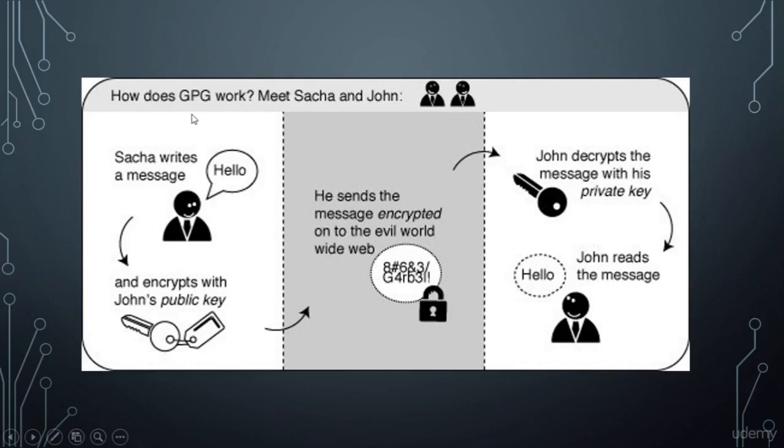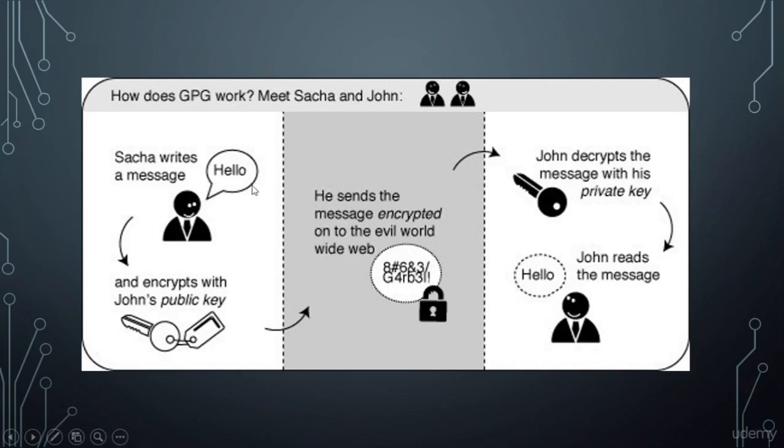I have this very nice image here, and it's basically saying, how does PGP work? Forget about this GPG, that's just the opposite abbreviation. But basically, meet Sasha and John. Here we have Sasha who wants to write a message to John, and the message is hello. So she encrypts the message with John's public key.